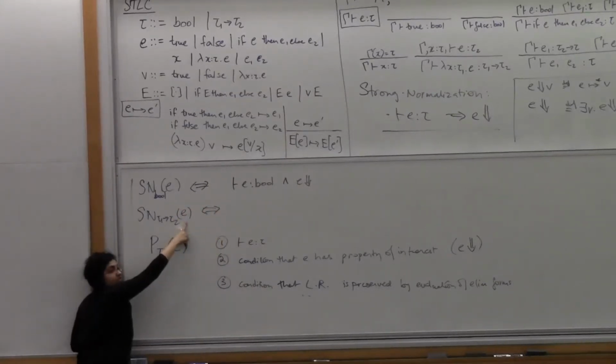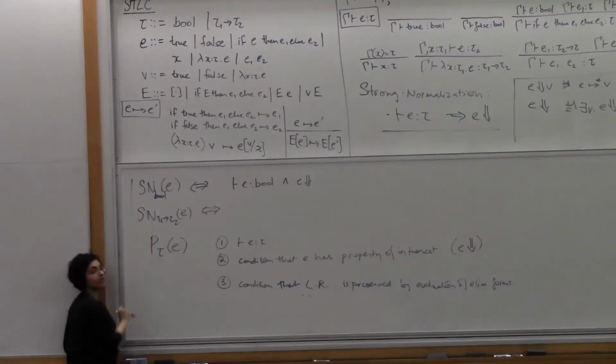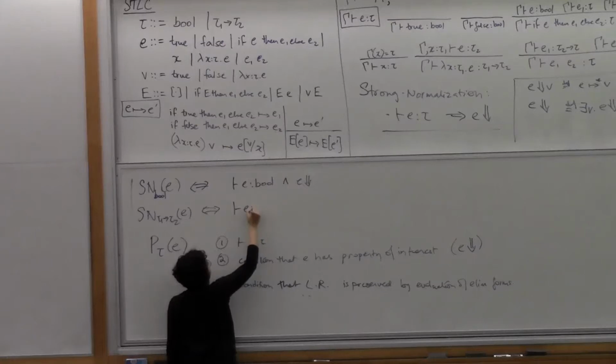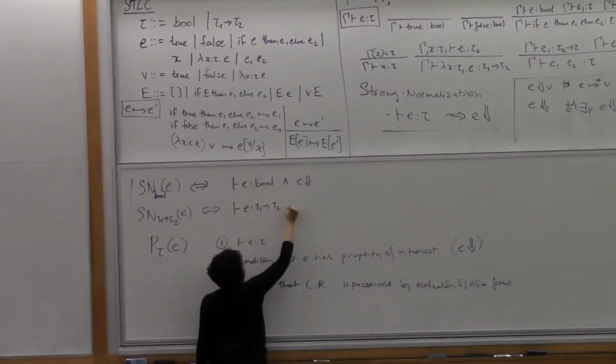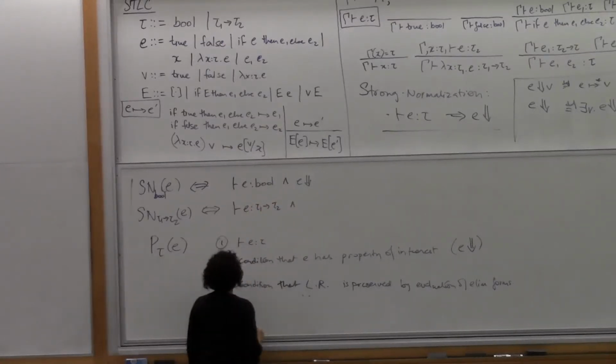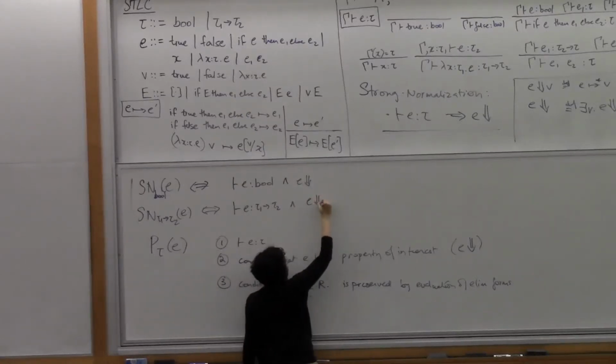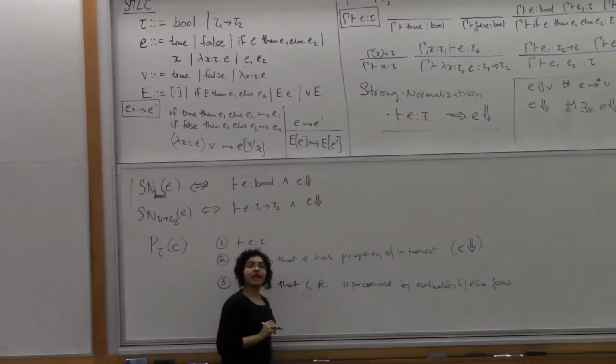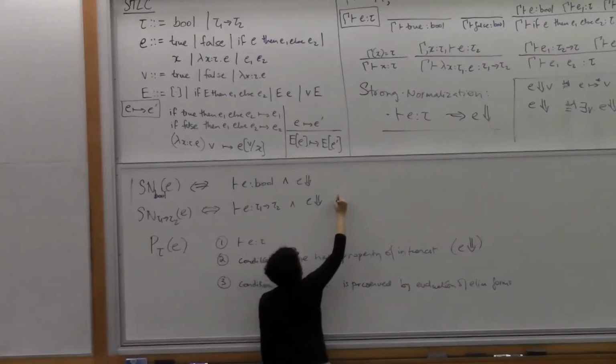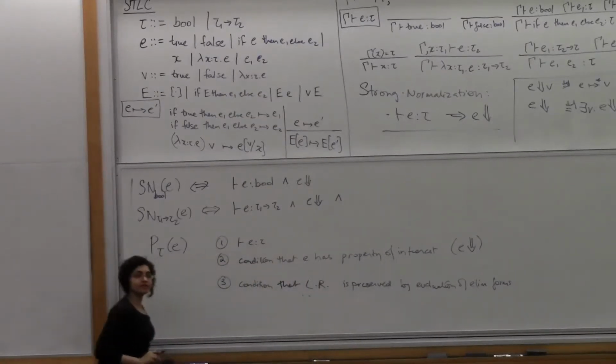When is an expression of type tau 1 to tau 2 strongly normalizing? Well, it better have the type tau 1 to tau 2. It's an expression. It's not a lambda yet. It better terminate. And this is where we need a third condition about the elim forms.